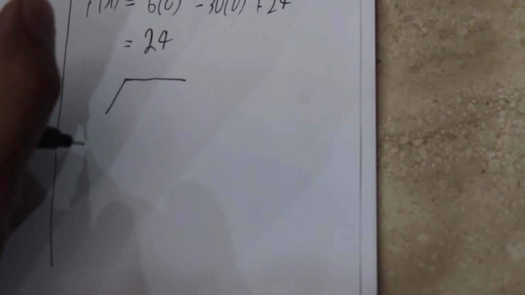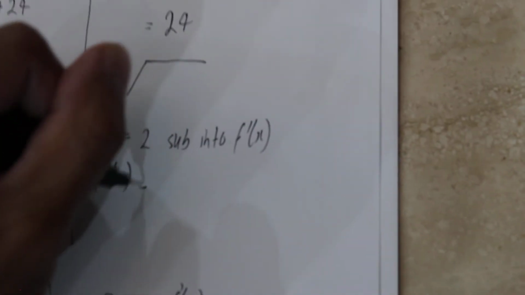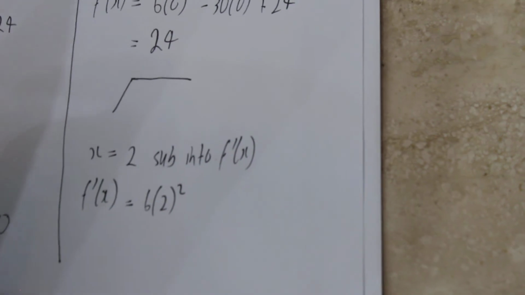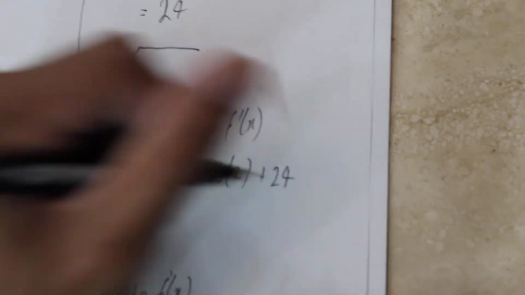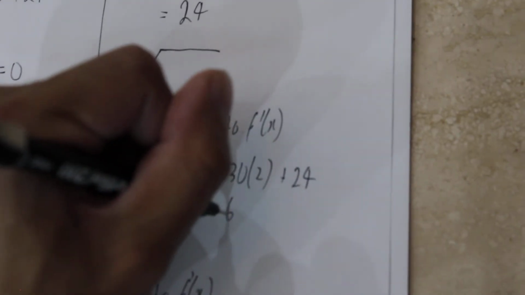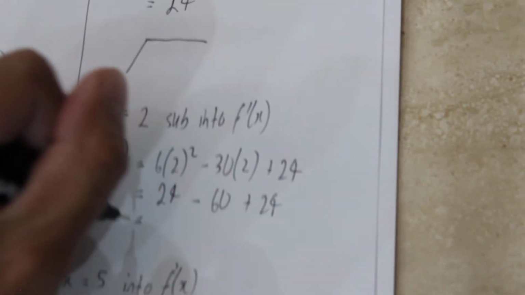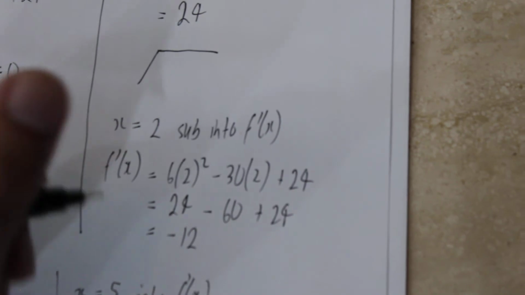To find out if it goes up or down after, we sub in x equals 2, because it's the other side of 1. Sub x equals 2 into f dash x: 6 times 2 squared minus 30 times 2 plus 24. So 6 times 4 is 24, 30 times 2 is 60, plus 24. 24 plus 24 is 48, minus 60 is minus 12.